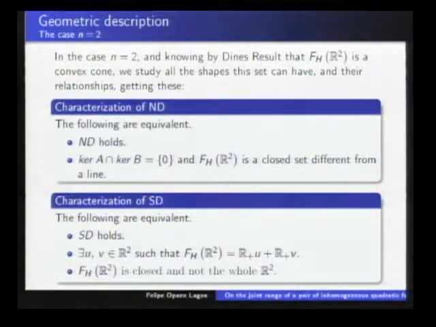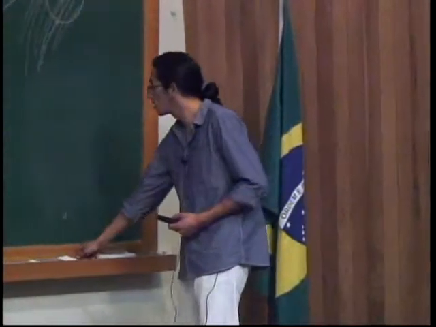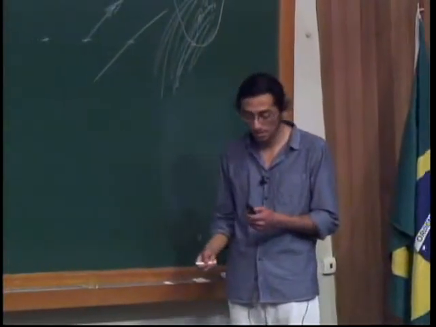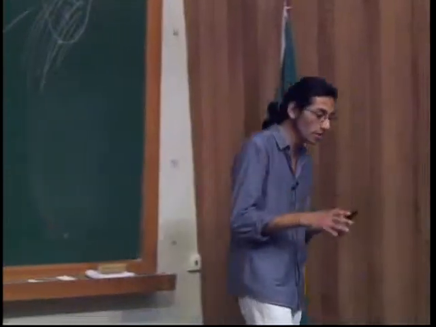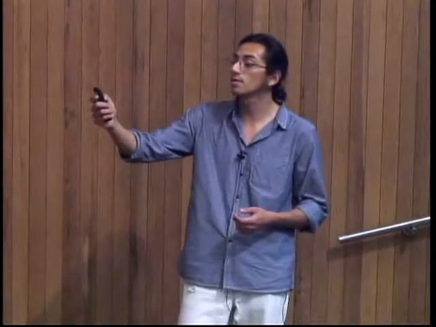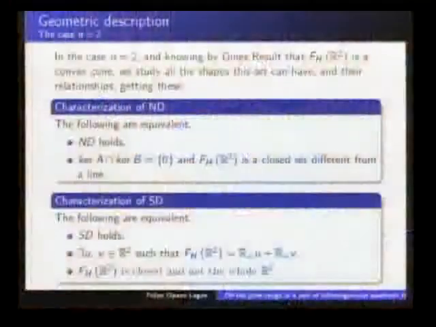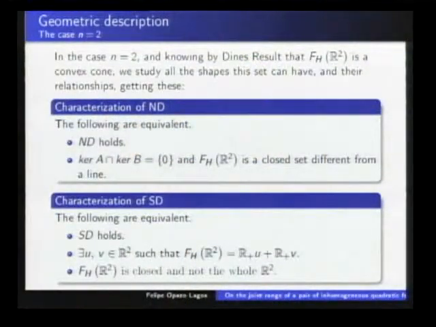Because we know by Dines's result that this set is a convex cone. So on the plane, we don't have much choice of a convex cone. So we study all the possible ways that this set can have, and discard all the ones that couldn't, and we have the ones that the set can attain.